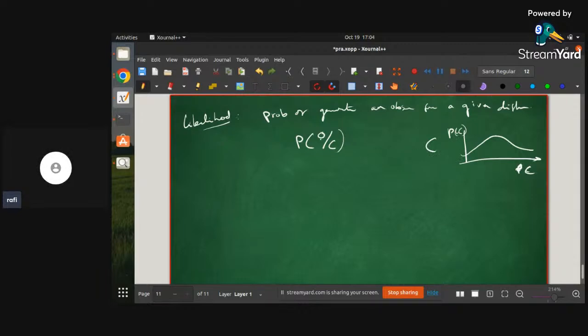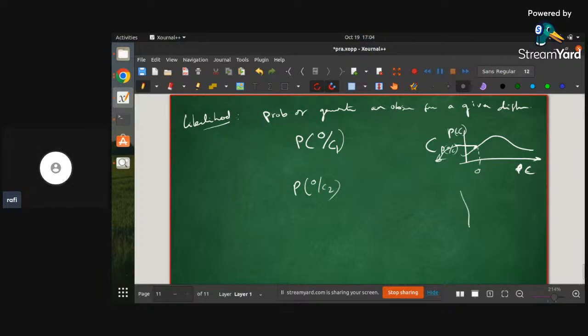So O may lie somewhere here, and the probability of generating O from this distribution is P of O given C. So like, let us say C1. And now we have the probability of O given C2.